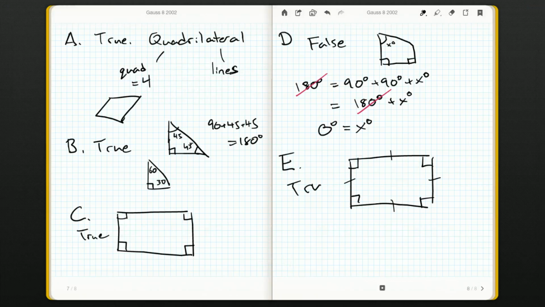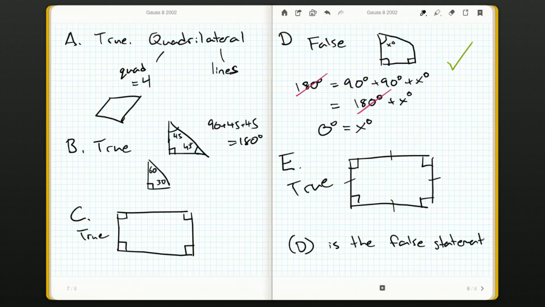Rectangles are definitely quadrilaterals. So the one that we want is D. Just make a little check mark beside this one. D is the false or not true statement.